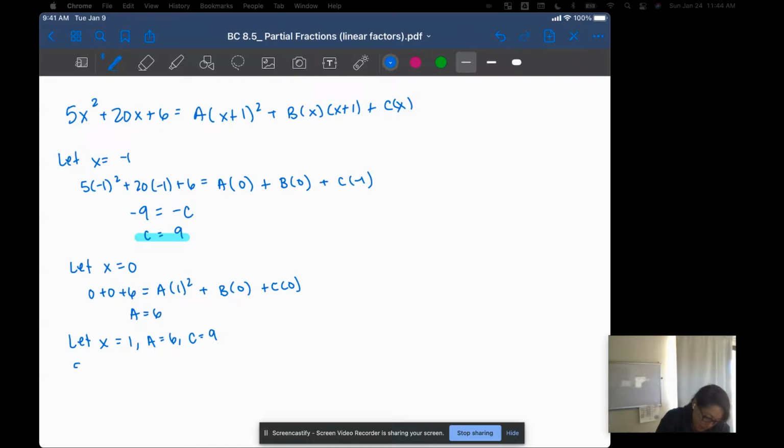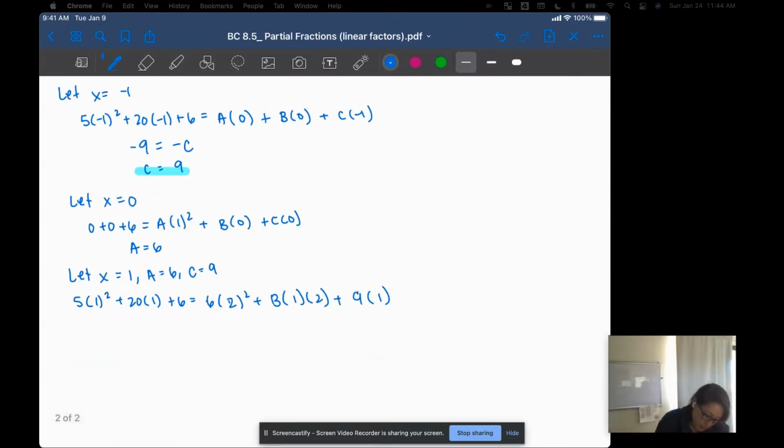So I have 5 times 1 squared plus 20 times 1 plus 6 is equal to, okay, so a is 6 times (1 plus 1) is 2 squared, plus b, which is what we're trying to solve for, times 1 times 2, plus c, which is 9, times 1 for the x.